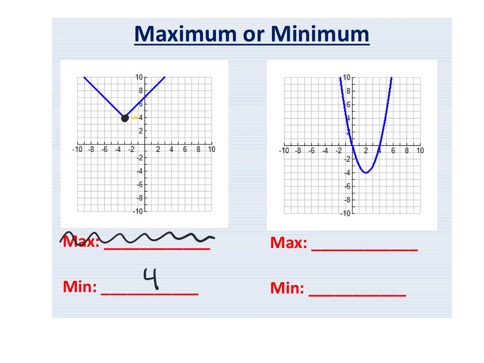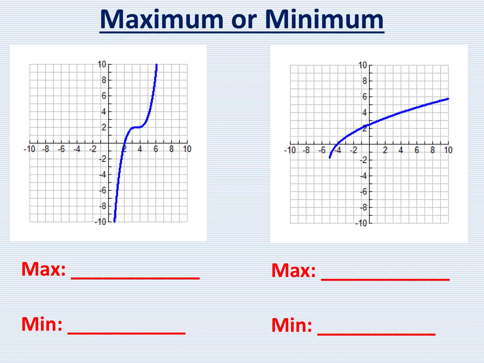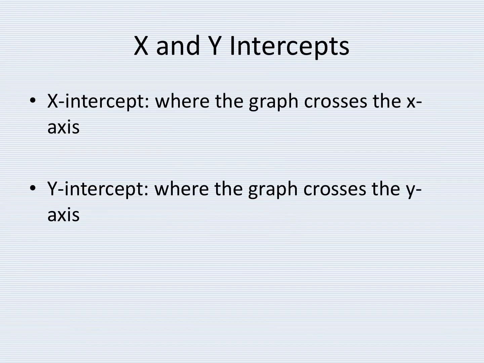All right. So good. So there's some practice with some of those. Okay. Next one is the x and y intercept. These are, in my opinion, relatively easy to see on a graph because an x-intercept is where it crosses the x-axis.